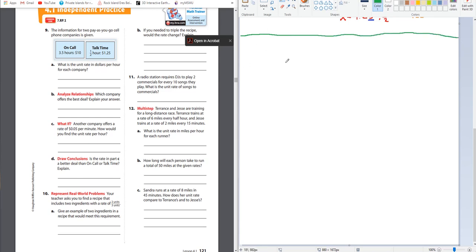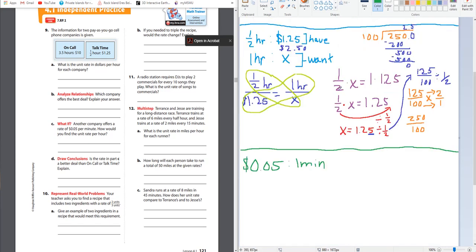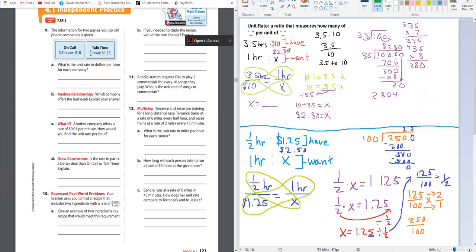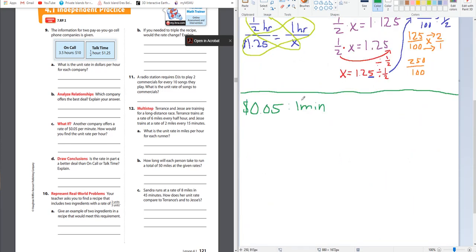All right, so we have 5 cents, so 0.05 dollars per minute, for 1 minute. All right, so they changed it up on us. They used to give us hours, but now they're giving us minutes. So it's something to throw you off, but it shouldn't be too bad.